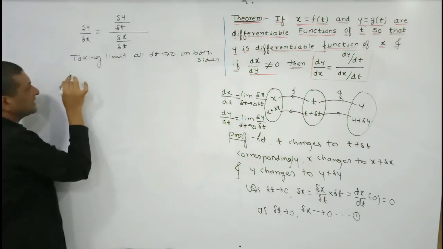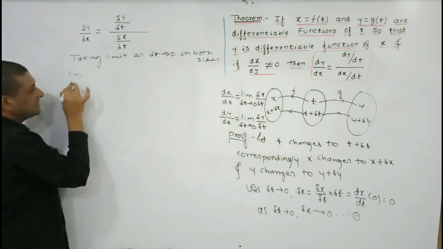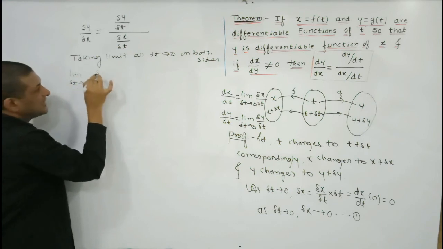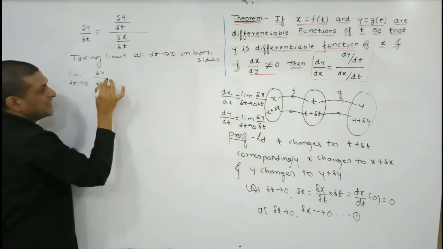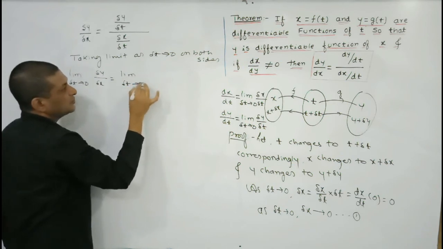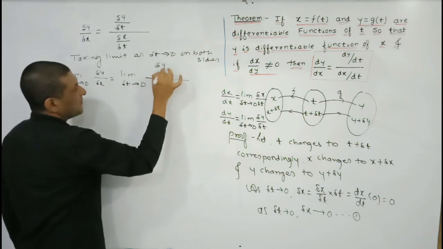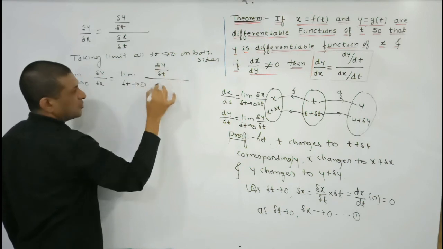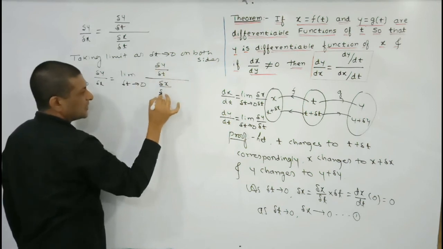On this side we will get limit delta t tends to 0 of delta y upon delta x, and on the right hand side, limit delta t tends to 0, the numerator is delta y upon delta t and the denominator is delta x upon delta t.